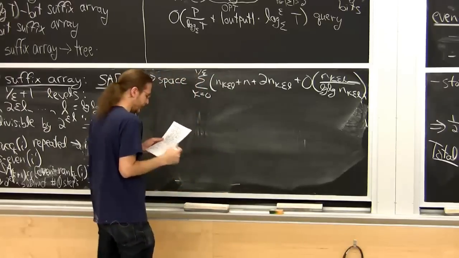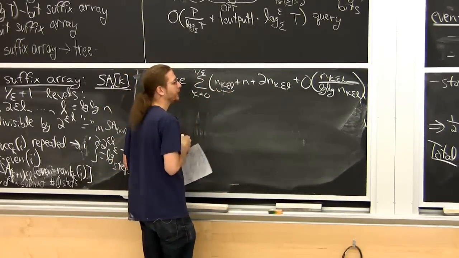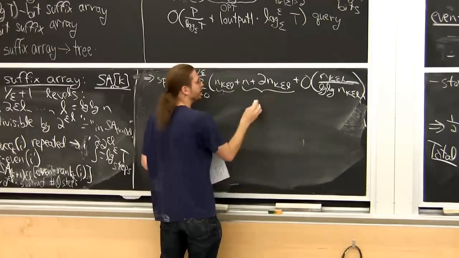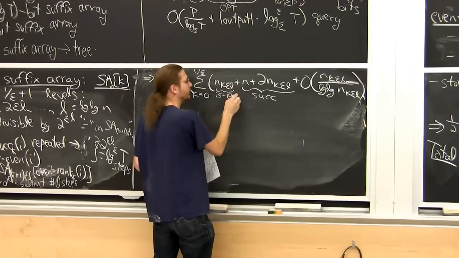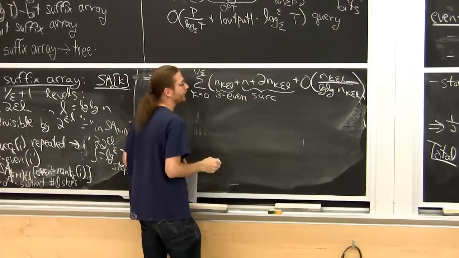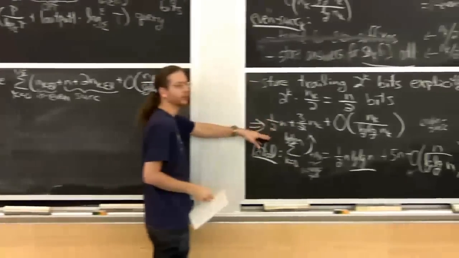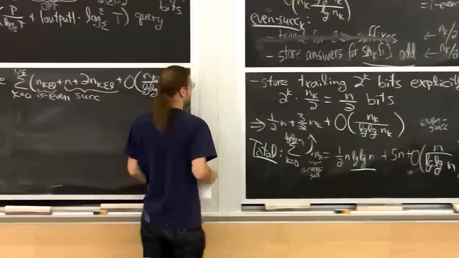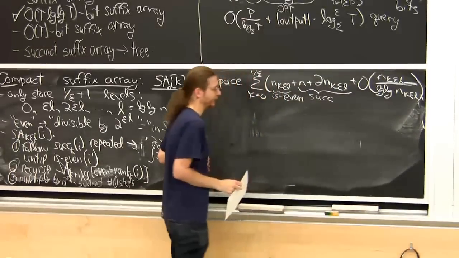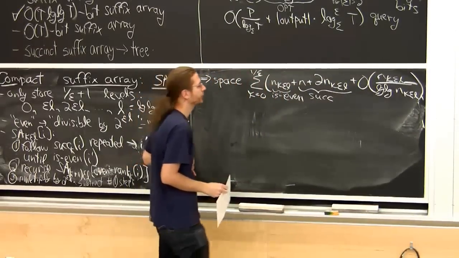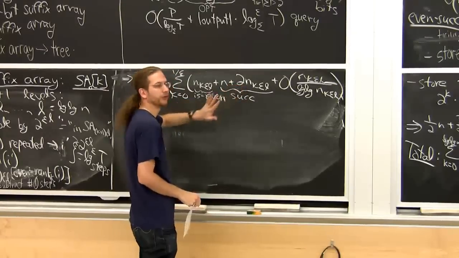Okay, why? Because this is storing the is even structure. That was just nk bits. And then this is the successor. This is even. Same as we had over here, except there's no half anymore. It's just n plus, claim is 2 nk epsilon L. That's the right answer. Yeah, that 3 was because of this plus this. So we still have the 3, just no divided by 2 anymore.